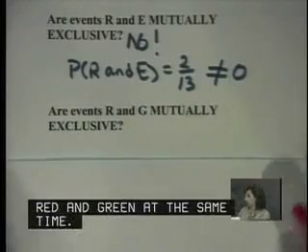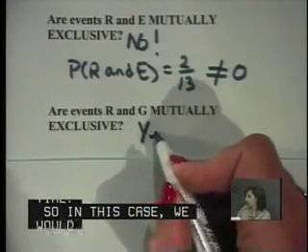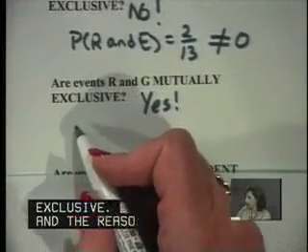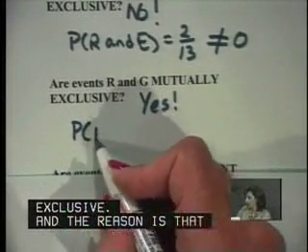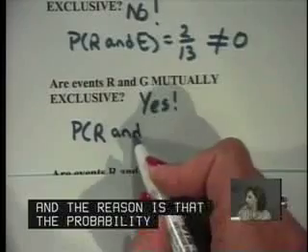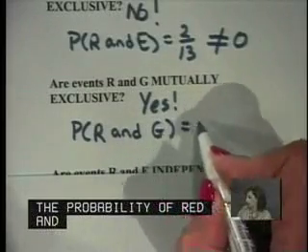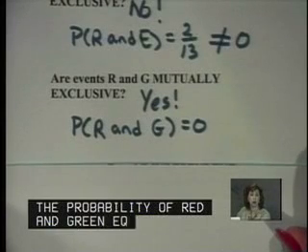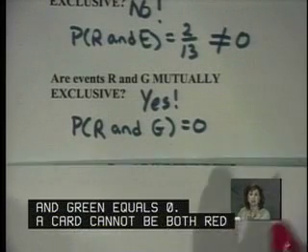So in this case, we would say yes, they are mutually exclusive. And the reason is that the probability of red and green equals 0. A card cannot be both red and green at the same time.